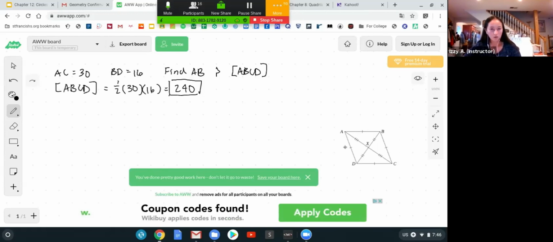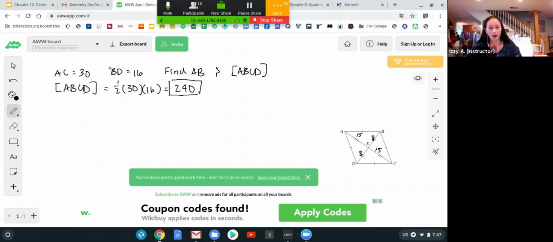So for the right triangles, we know that BD is 16, so DX is going to be 8 and BX is going to be 8. Using a similar method for AC, we split 30 by 2, which is 15, so this is going to be 15 and 15. From this point, we can use the Pythagorean theorem to figure out what AB is.